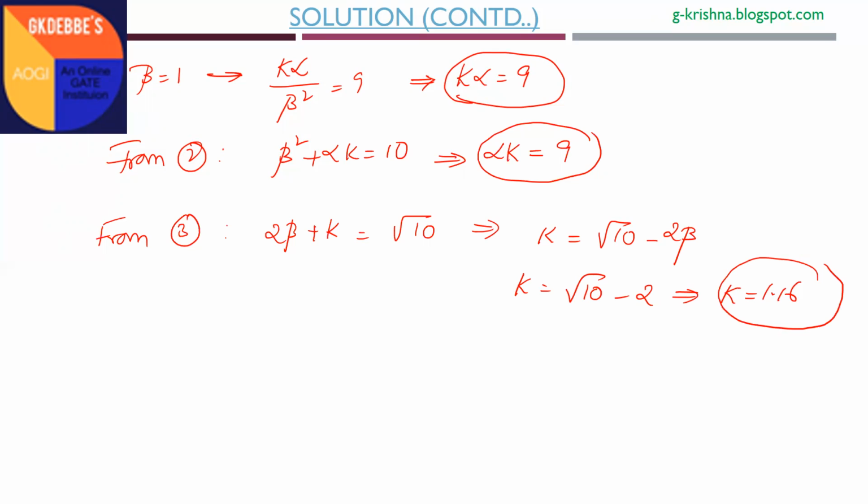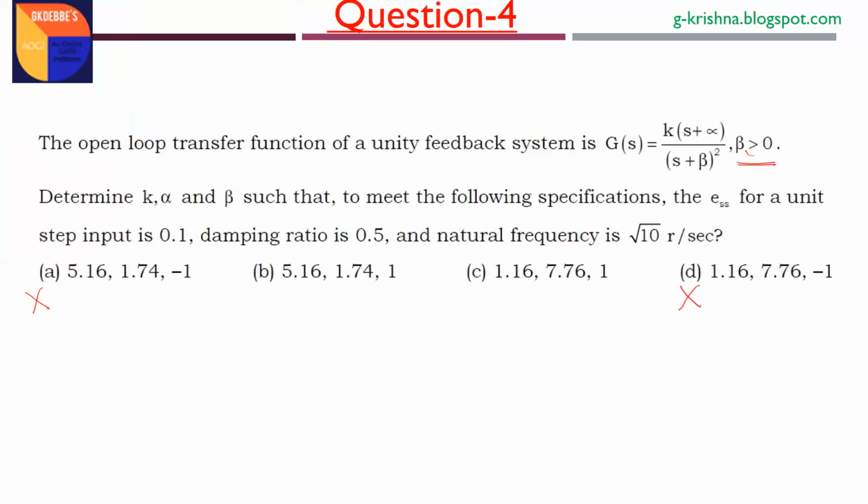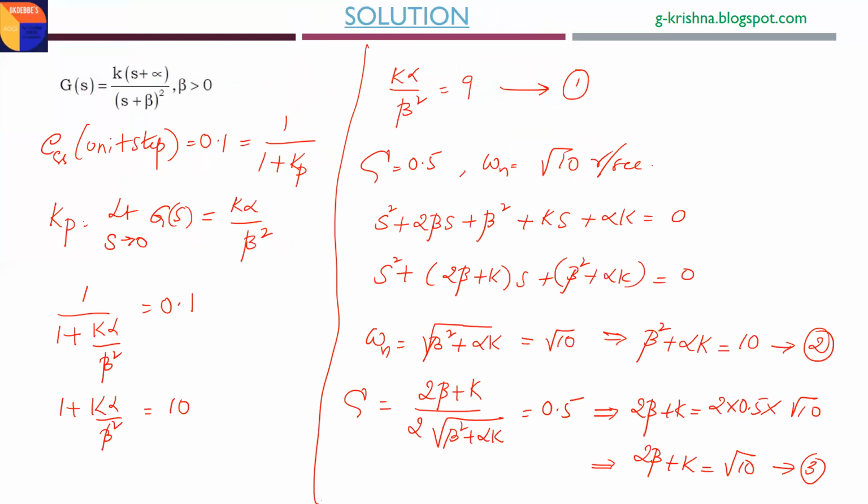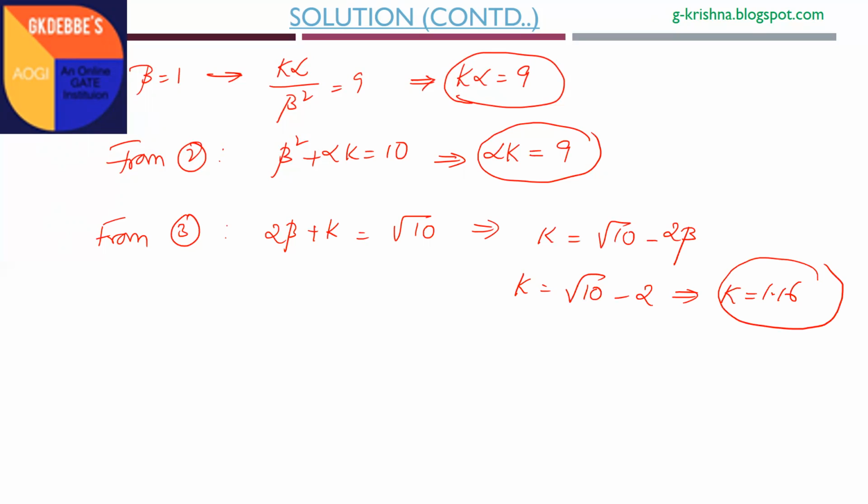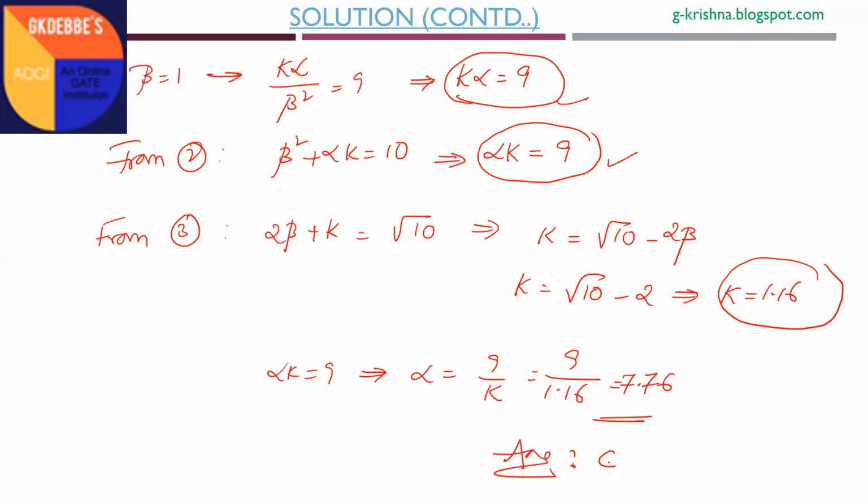Clearly, when K is 1.16, the option you can directly select is option C only. Or you can even find alpha from any of the above equations. K alpha is 9, so alpha is 9 by K, that is 9 by 1.16, which we'll get as 7.76. Hence, your correct option is C.